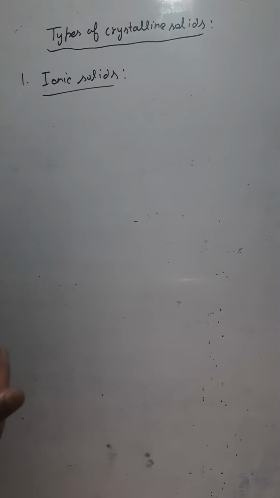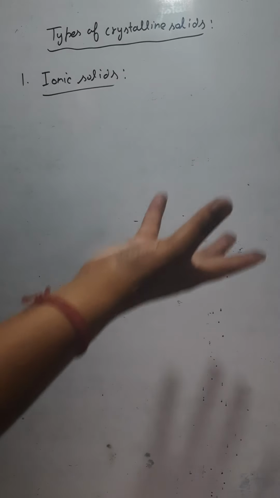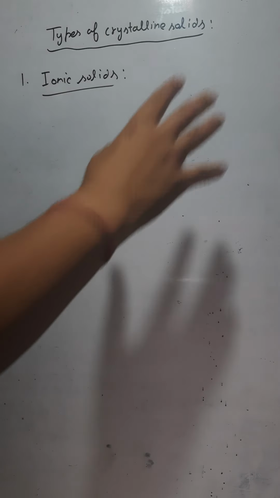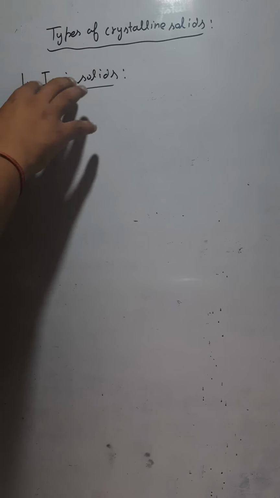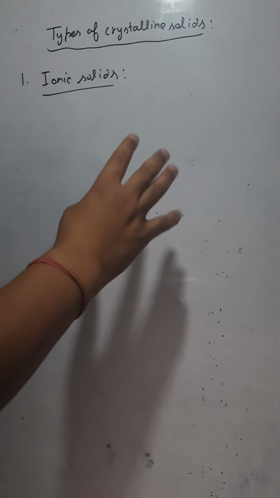And one more thing that you have to remember, these solids are hard also and do not conduct electricity in their solid state. When ionic solids are in their solid state, they do not conduct electricity at all. Why are they not conducting electricity in solid state? Because there are no free ions.